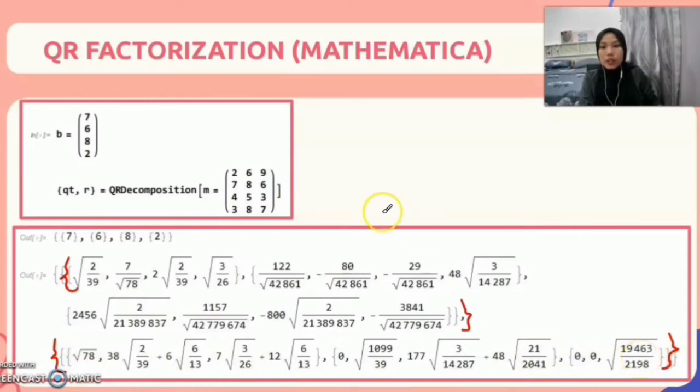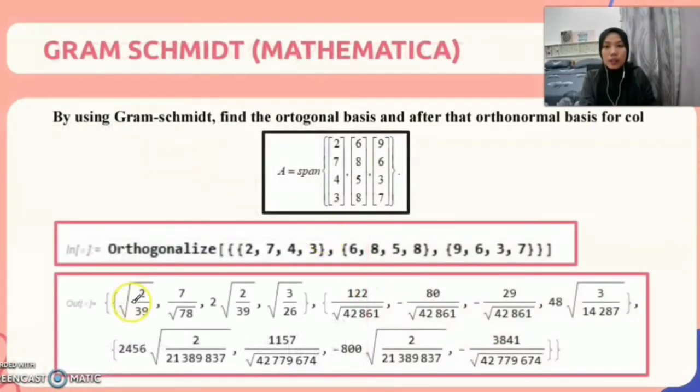As we can see here, Q transpose is the same output that we will get from the Gram-Schmidt. So it is the same. But the difference is the command that we input in the Mathematica. So this is to get the orthonormal basis by using Gram-Schmidt.